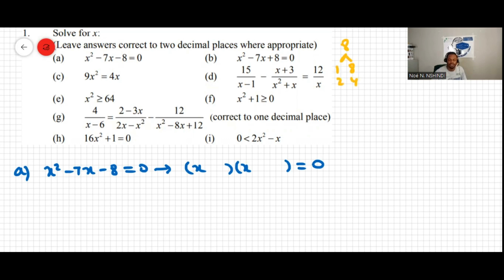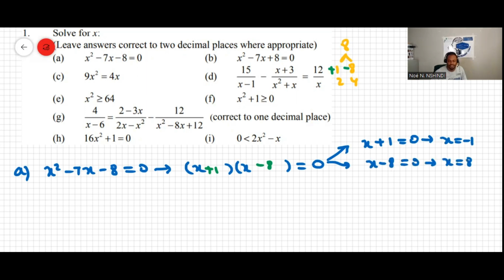If we need a sum equal to -7, we can get that from +1 and -8. So there are 2 solutions here: x plus 1 equals 0, which means x is -1, and x minus 8 is 0, which means x equals 8. So the solutions are the 2.